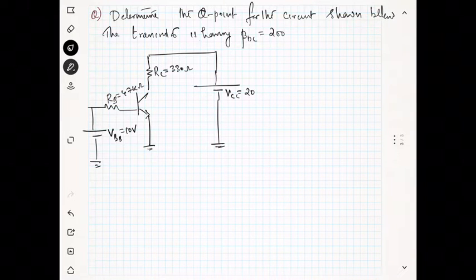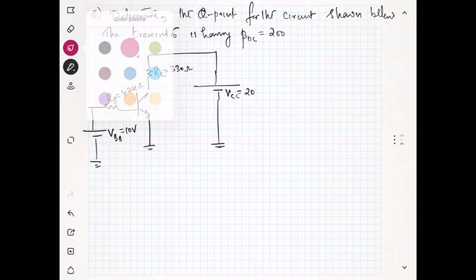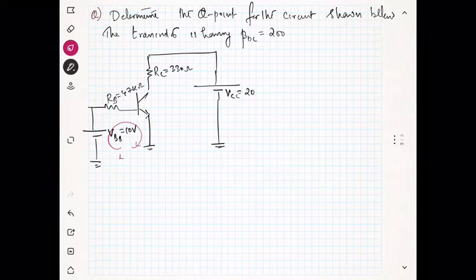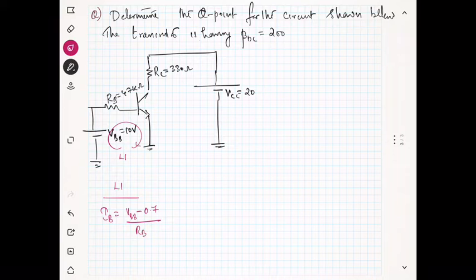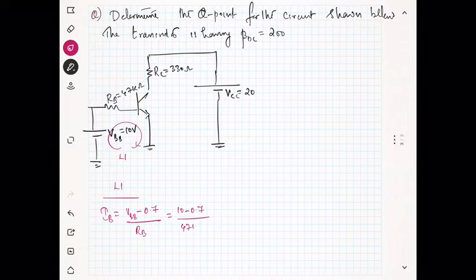Okay, now we will see how to write the loop equation. If you are writing the loop equation for loop 1, you can find IB, as we explained before, as VBB minus 0.7 over RB, which is equal to 10 minus 0.7 over 47 kilo ohm, which is equal to something like 198 microampere.